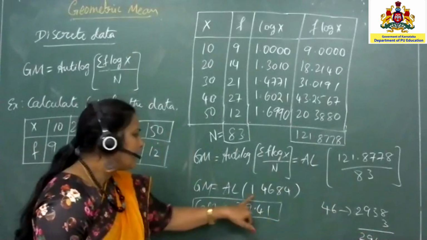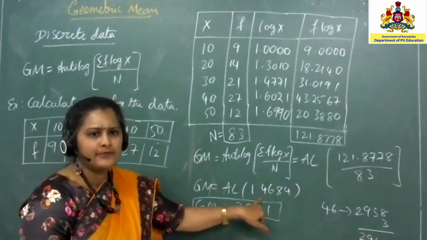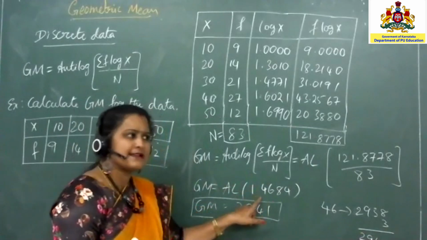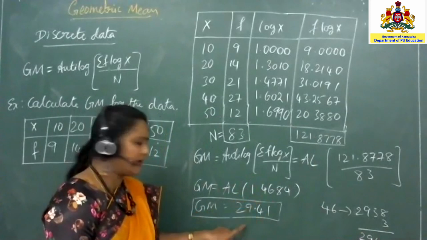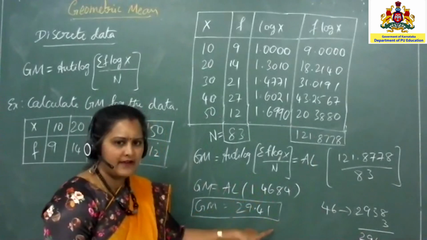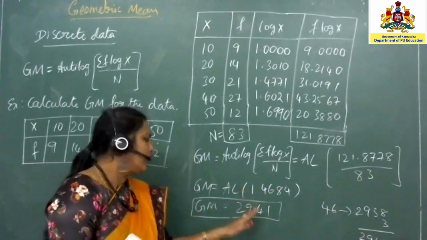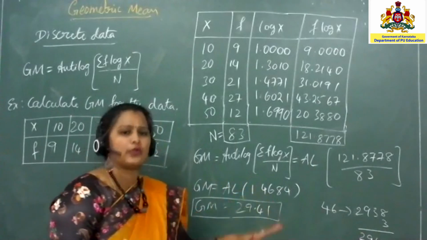Because it is 1 point, you should place the point after two digits.